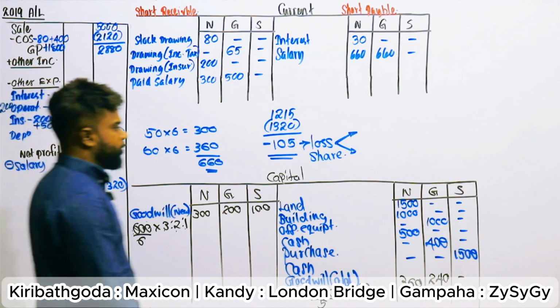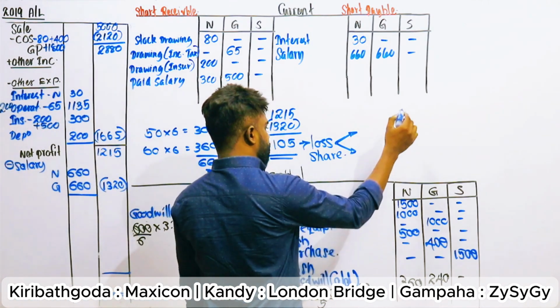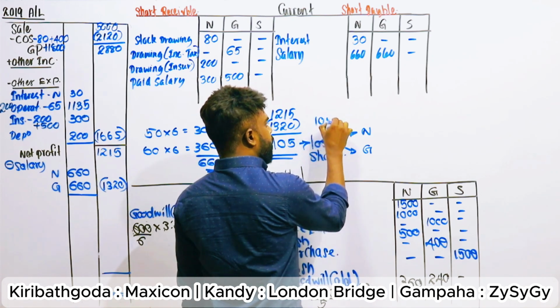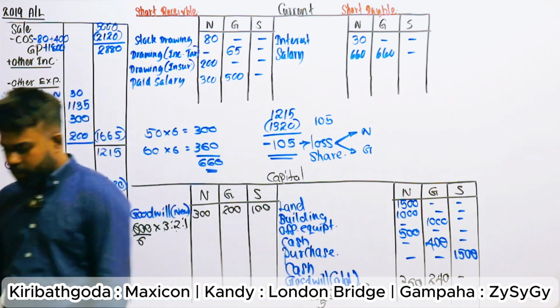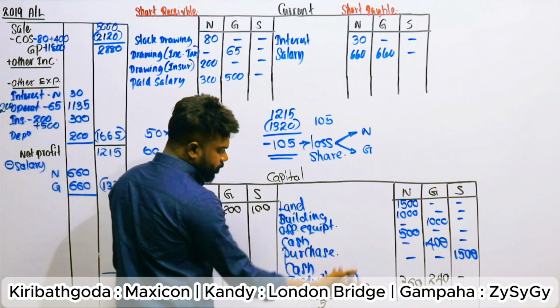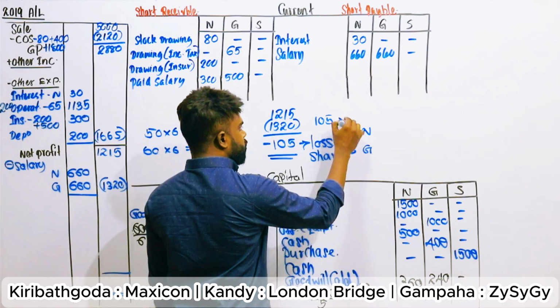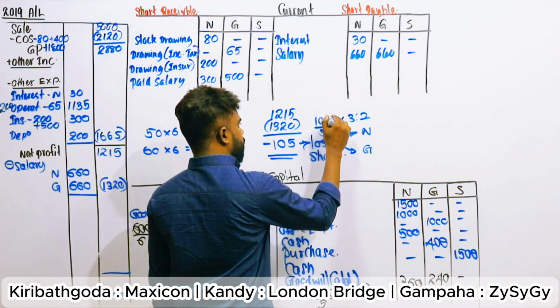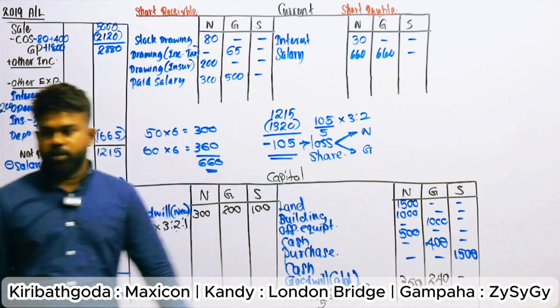What's the ratio? Nadi and Ganga, 105. What's the old ratio? Only for the two partners: 3 is to 2. Divide by 5.